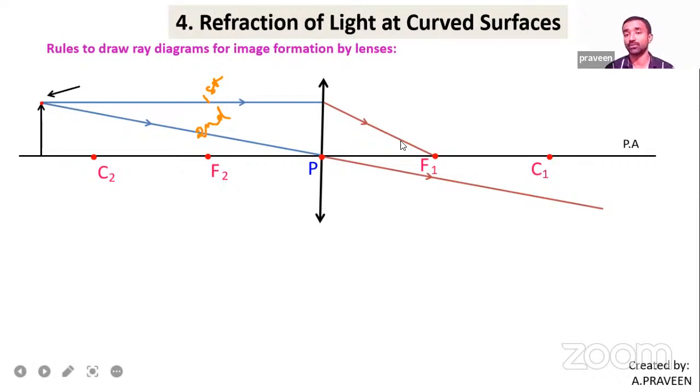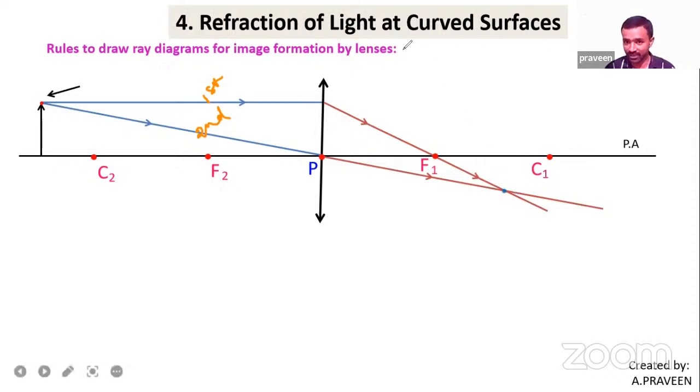Then look: do the light rays meet at a common point? No. Then what to do? We can extend the light ray which is passing through the focus to get a converging point. I obtained the converging point, given here with the green color point.